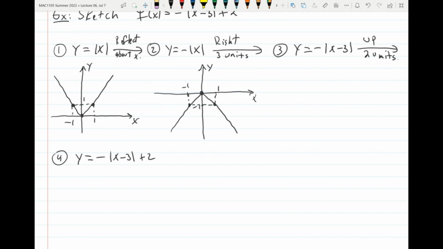Next, we're going to take this picture and shift it to the right 3 units. So 0, 0 is going to go to 1, 2, 3, comma 0. Then 1, comma negative 1 is going to go to 4, comma negative 1. And then negative 1, comma negative 1 is going to go to, what is it?